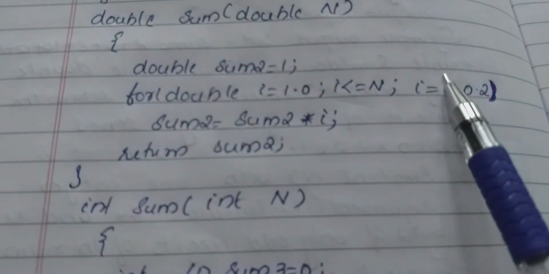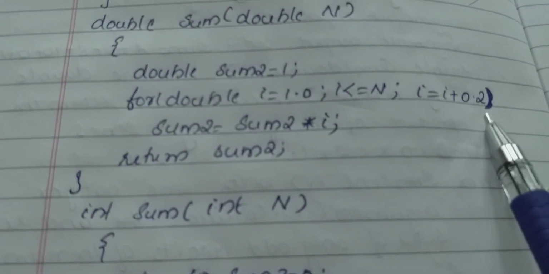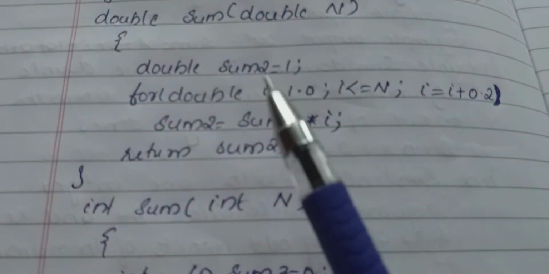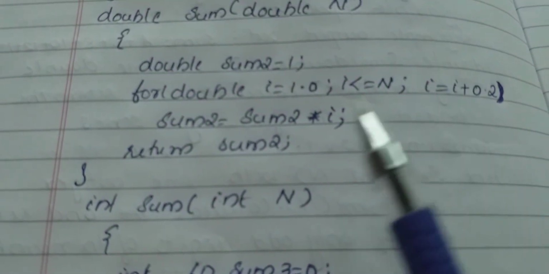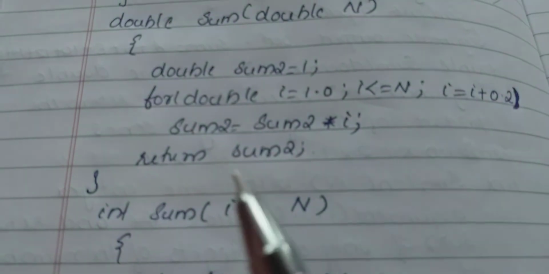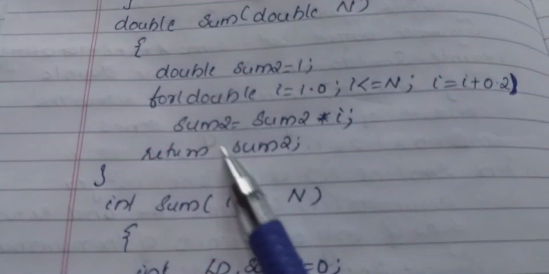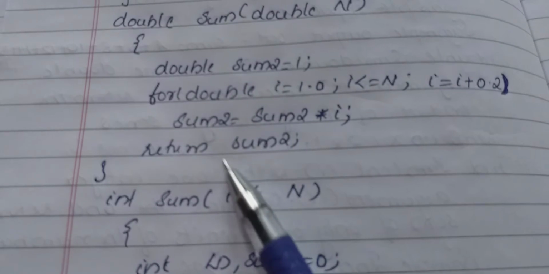Again we go to the loop, increment the value of I by 0.2. Then what is the value of I now? 1.2. Clear? Like that we continue the process until the value of I equals n. So we find the value for sum2, and we want to return that value, that is return sum2.